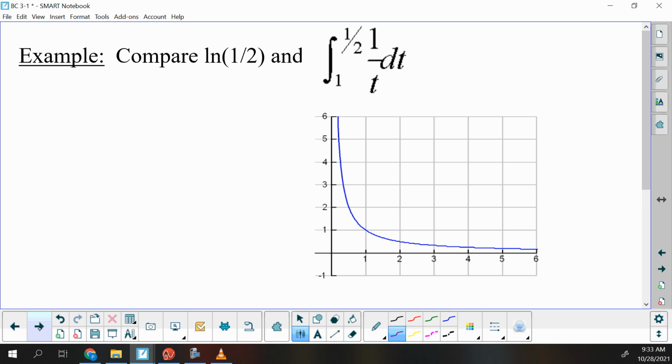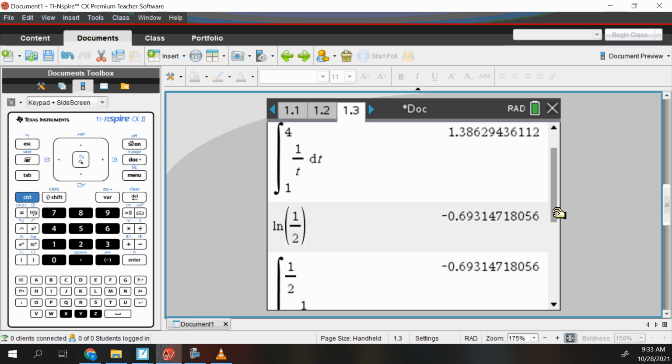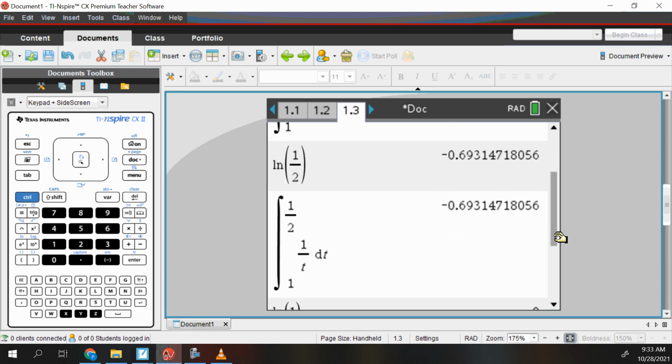If we try some others, let's try when x is a half. Because 4 was going to the right for our accumulation function, what about when we go back to the left? Would that still work? So here's natural log of a half, and our integral from 1 to a half. Notice that ended up negative, and we know that really what would happen is you could flip the integral to be 1/2 to 1, and that negates things.